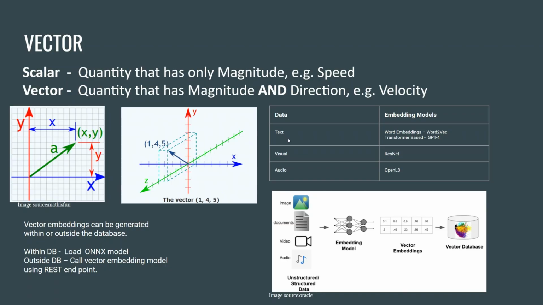For audio to speech, or audio to text, that is a use case, and for that we use embedding models like OpenL3, which will convert the audio into embeddings. As you can see on the right hand side, all of this is different types of data: image, documents, video, and audio.